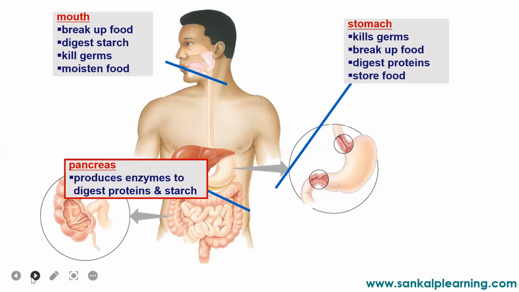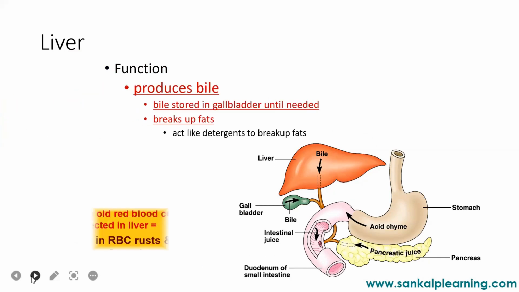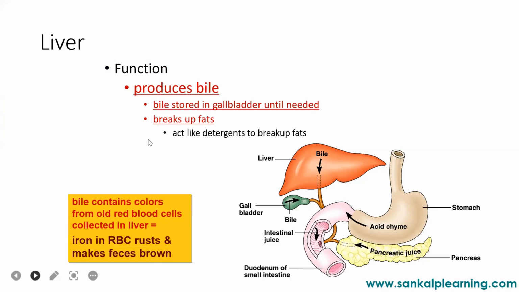The next one is liver. Liver inda bile juice baratte. So bile juice ಏನ್ ಮಾಡುತ್ತೆ? Okay, now, the liver produces the bile. So bile will be stored, bile juice ಎಲ್ಲಿ ಸ್ಟೋರ್ ಆಗಿರುತ್ತೆ? ಗಾಲ್ ಬ್ಲಾಡರ್ ಅನ್ನೋ ಪಾರ್ಟ್ ಅಲ್ಲಿ ಸ್ಟೋರ್ ಆಗಿರುತ್ತೆ. ನಮಗೆ ಬೇಕಾದಾಗ ಅದು ಅಲ್ಲಿಂದ ಬರುತ್ತೆ. ಹೌದಾ?